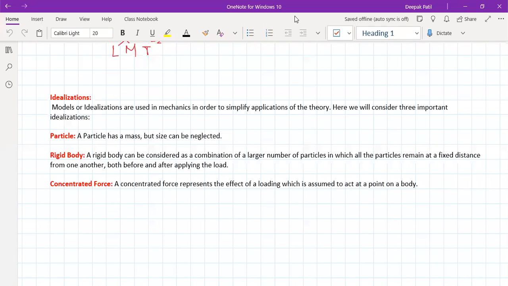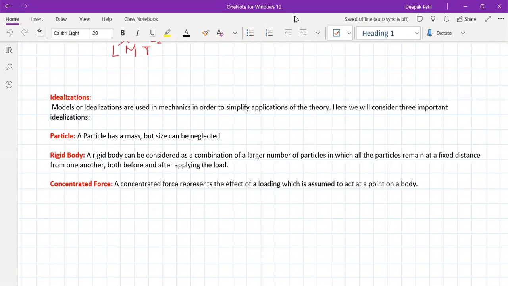Therefore the earth can be modeled as a particle when studying its orbital motion. The earth has some shape and some mass, but you can treat it as a particle when you are studying the orbital motion of the earth.